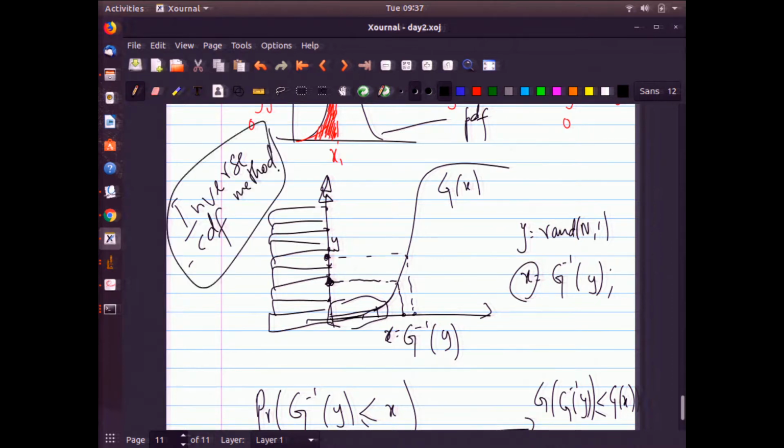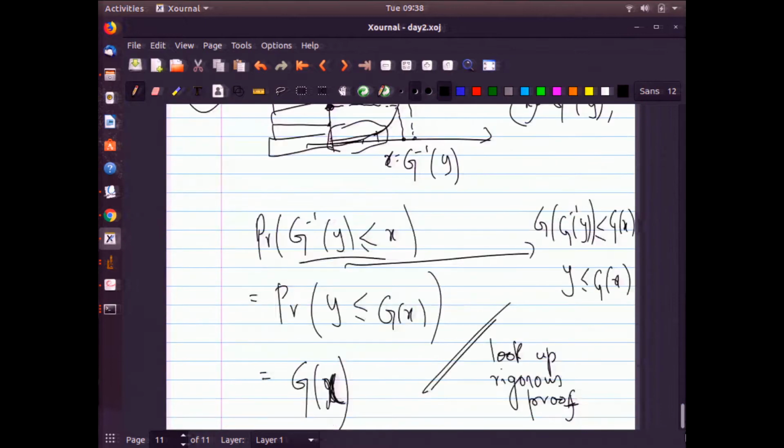So what is good about this method is that every sample you've generated is used. There's no wastage of sample. You're not rejecting anything. If you generate n samples in, you get n samples out. What's the downside? How are you going to do the inversion?